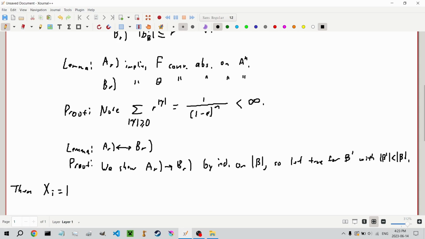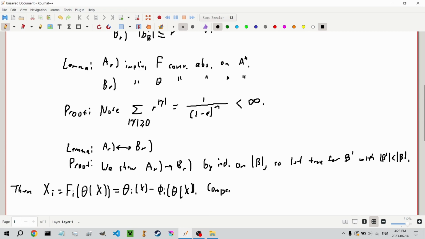Then each x_i is equal to f_i of theta of x, being of course theta_i of x minus phi of theta of x.